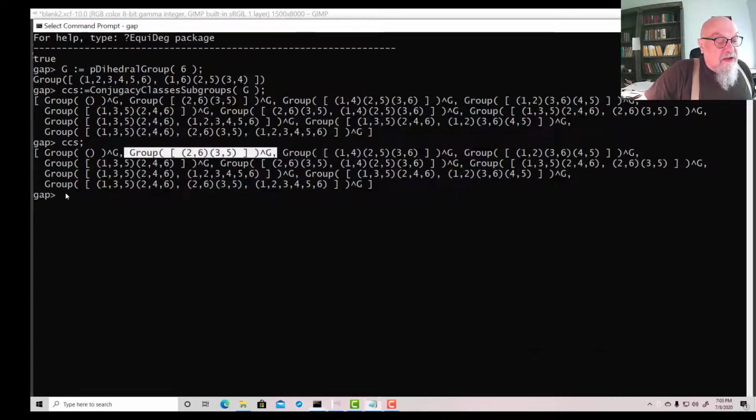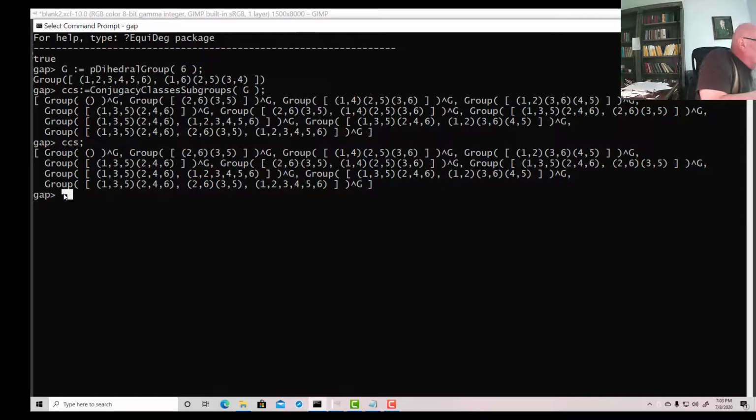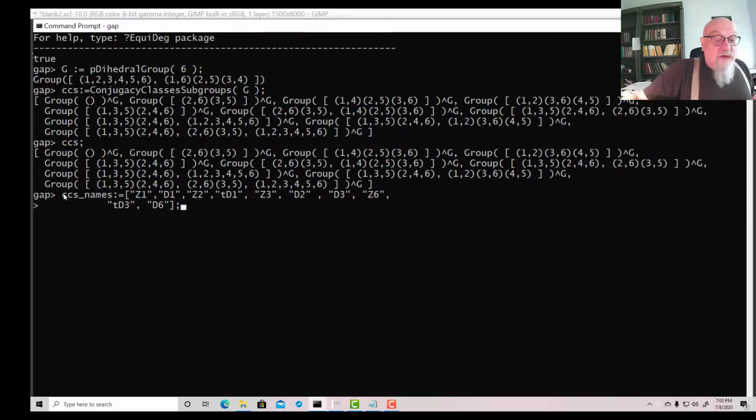So you see here, the first is Z1, that's a trivial group. The second one is D1. This is 2, 6, 3, 5. That's a kappa, so this gives you D1. And Z2 is generated by that particular element. If you want to see, let's go and look at this.